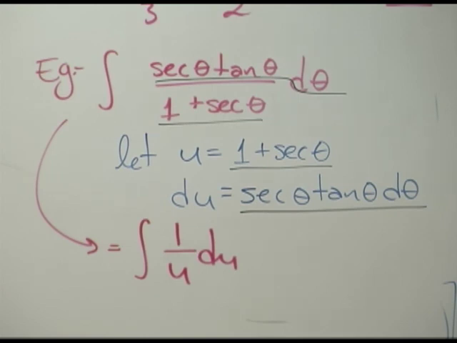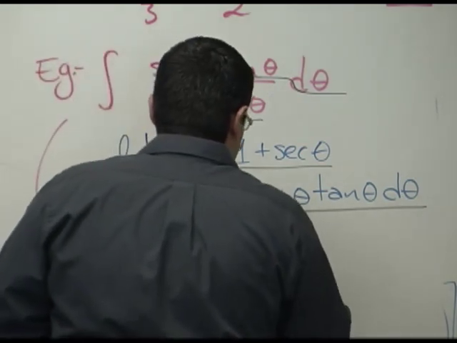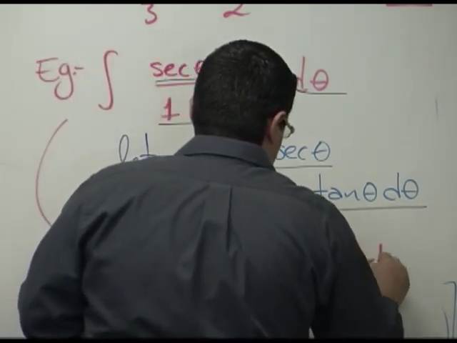And what is the integral of 1 over u? It is the natural log of u, right? To be precise, guys, it is the natural log of the absolute value of u. Okay, so this is simply ln of the absolute value of u, plus a constant.